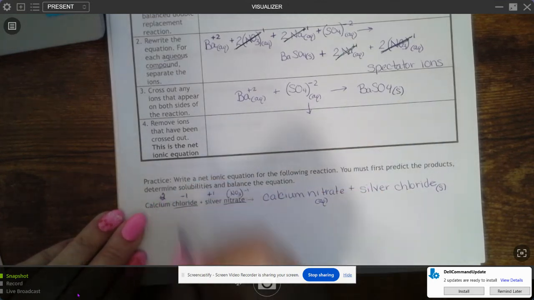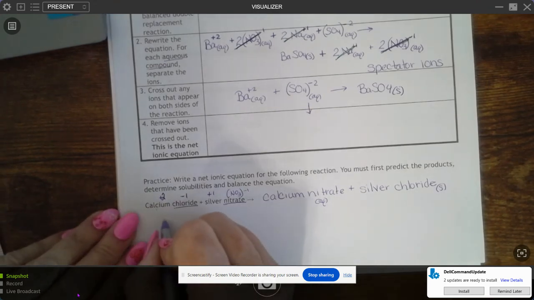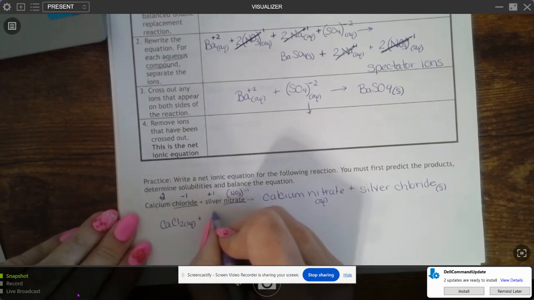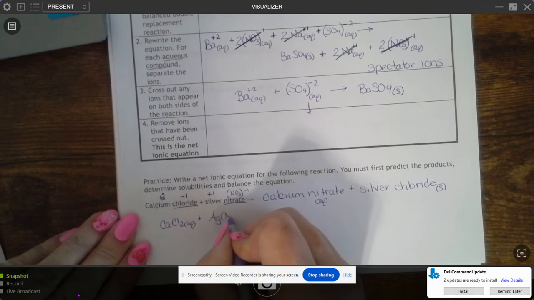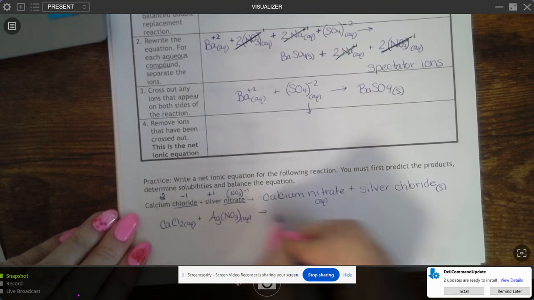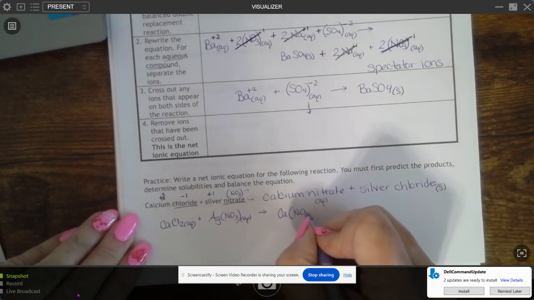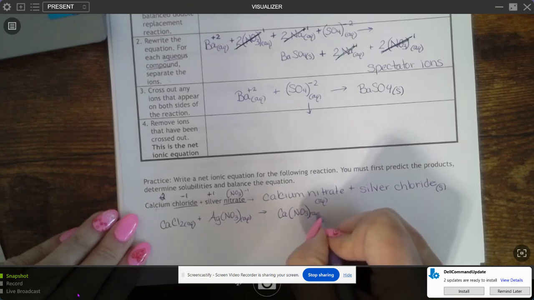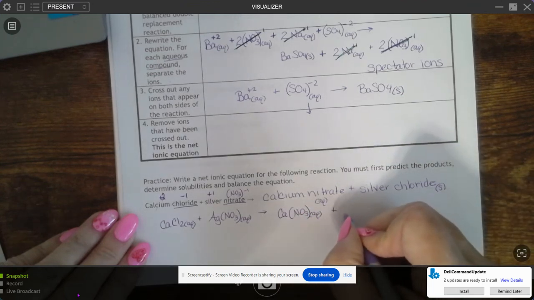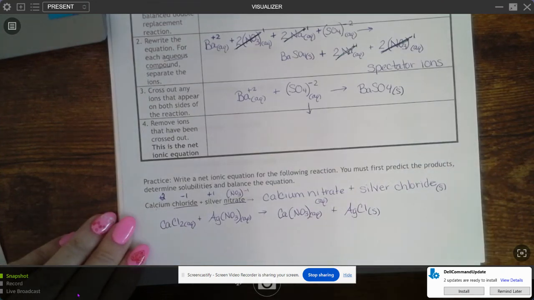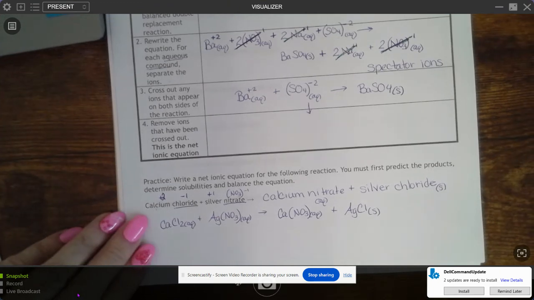So we end up with CaCl2 aqueous plus AgNO3 aqueous produces calcium nitrate, aqueous, plus silver chloride, AgCl solid.